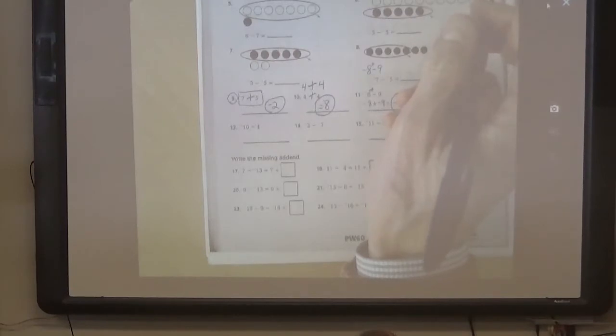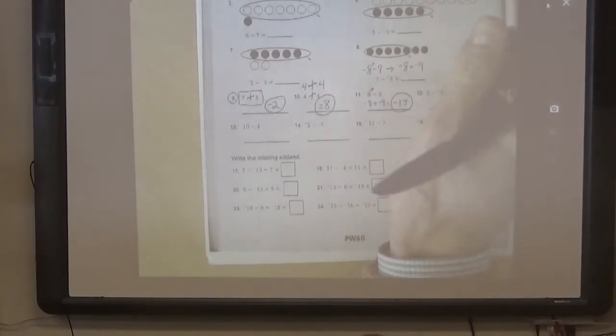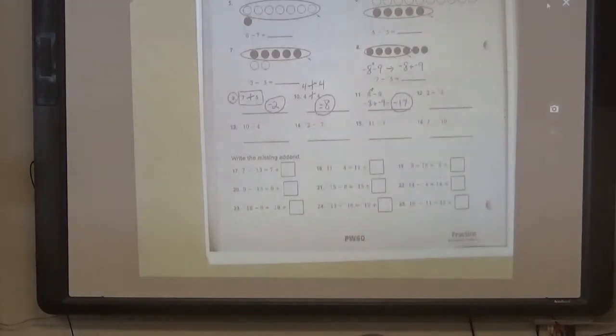It's called math. Why? Braden, listen, because you know how to do negative 8 plus negative 9, and it means the same thing. Negative 8 plus negative 9 is the same as negative 8 minus 9.